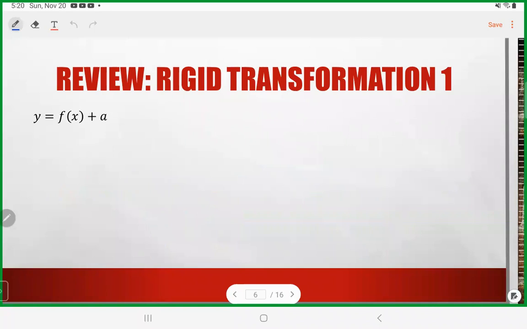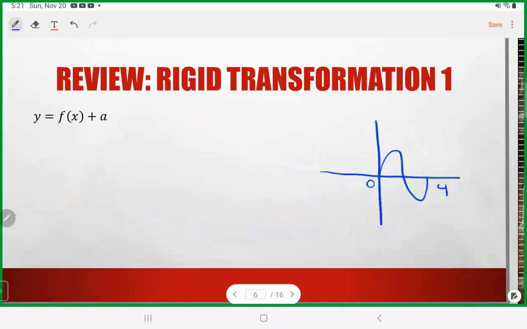So what is this? y is equal to f(x) plus a. This is just a vertical shift because it's directly affecting the y value, right? Okay, so let's say we have our example graph. This is 0, this is 4.